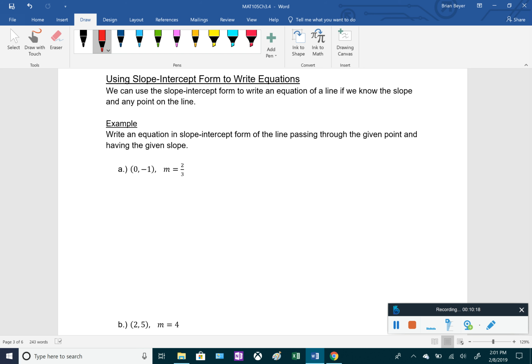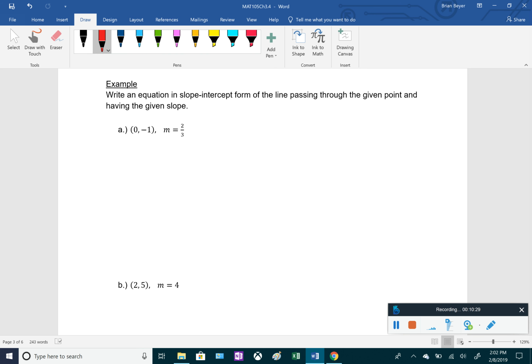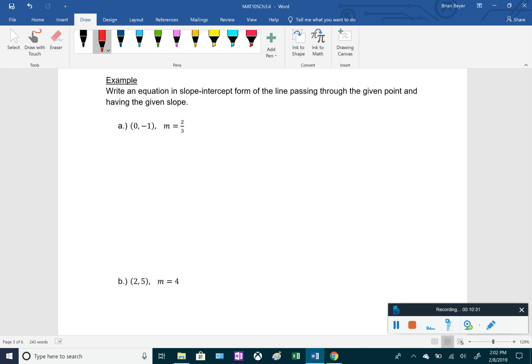If we're given one of them, we can write this in slope-intercept form. So for this first example, let's write an equation in slope-intercept form of the line passing through (0, -1) with the slope 2/3.